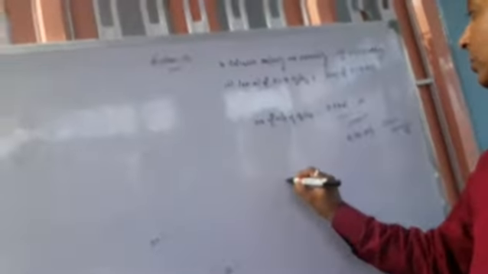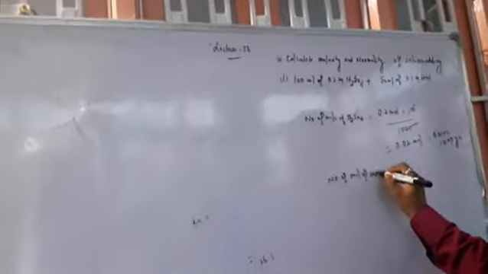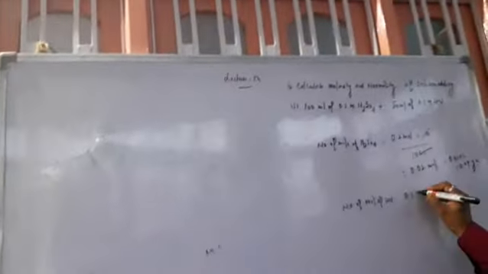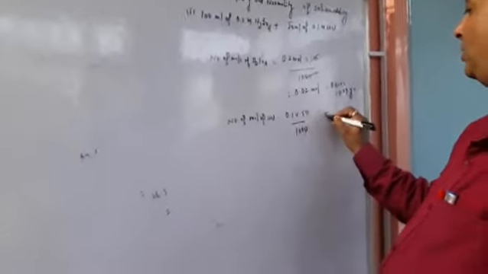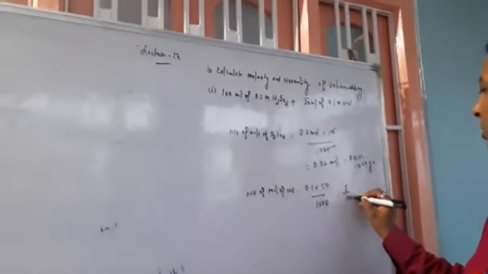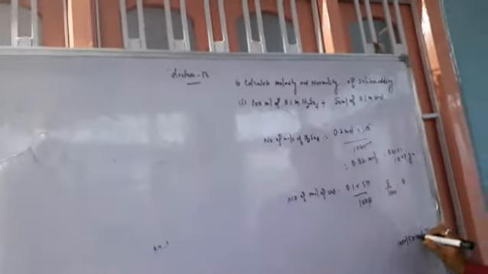Similarly, the number of moles of HCl is 0.1 into 50 by 1000, that is 0.005 mole.